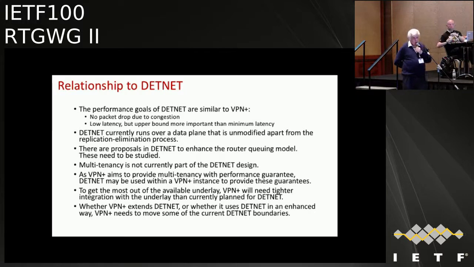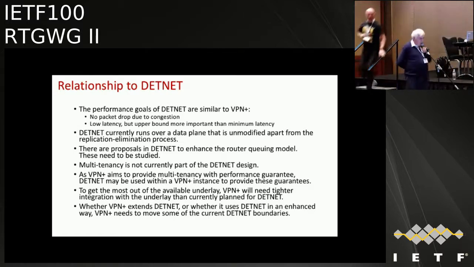The DetNet people are talking about changing the queuing model. There was some discussion on that today, but it's essentially running over an unmodified substrate. Multi-tenancy, however, is not a feature of deterministic networks.